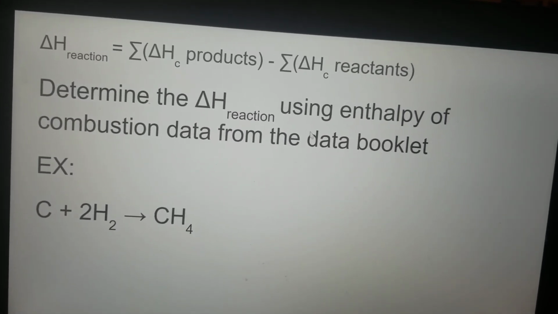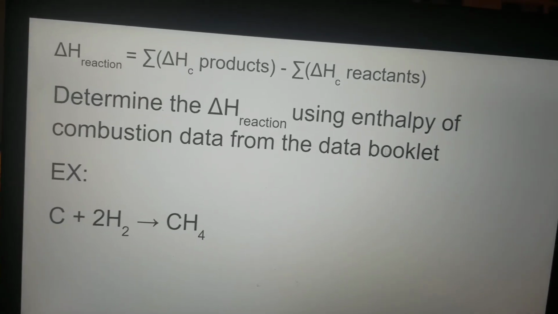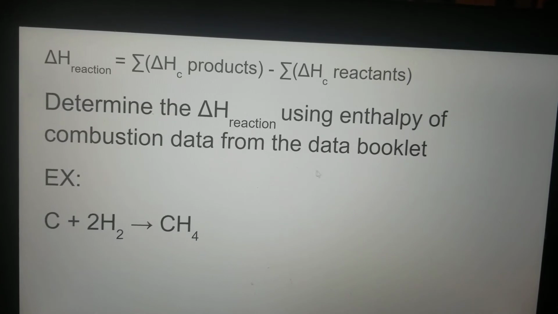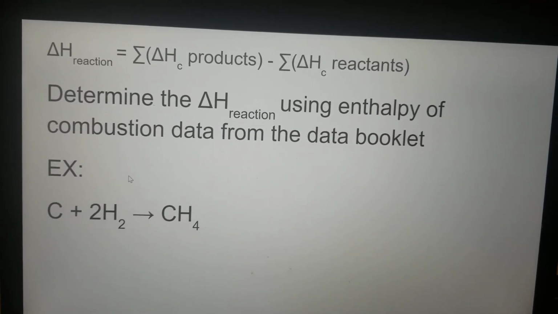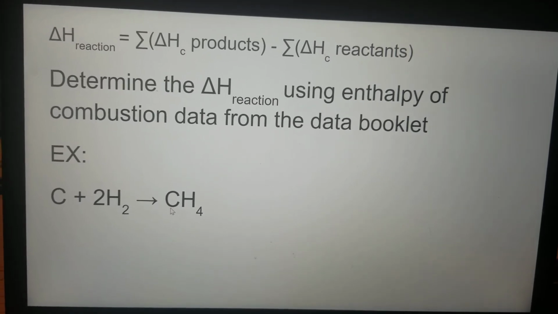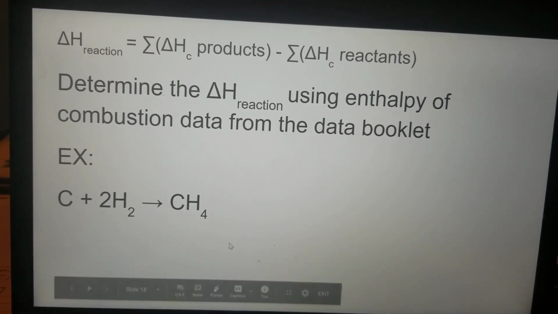You're going to have to use your data booklet. I've already looked this up, but I think you should look up the values while you're watching this video. I'm going to go over how we do this example right here.